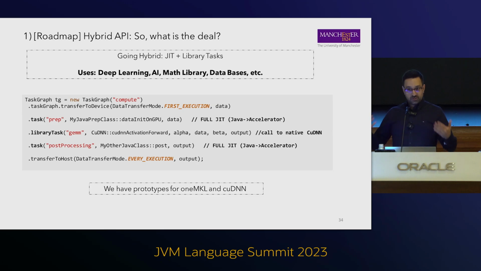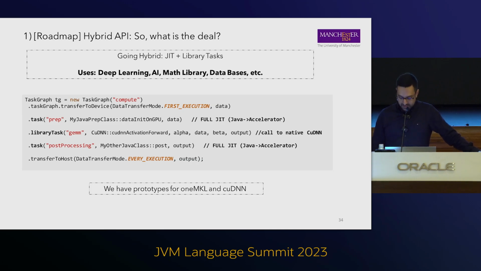You could use Tornado as it is to offload those initialization kernels. And then you have in the same graph a third call in which you call, let's say, a CUDA function for deep learning. Everything is in the same task graph. That's the deal, right? Our use cases could be deep learning, AI, math libraries, etc.